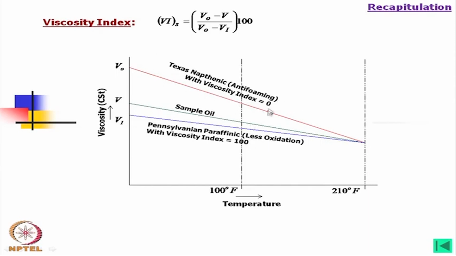Usually the oil found is in between, and we try to have such an oil. Anyway, by adding additives we can improve this viscosity index as well as other properties.